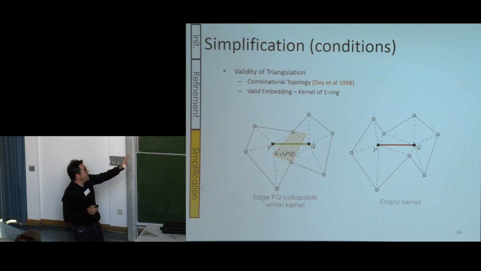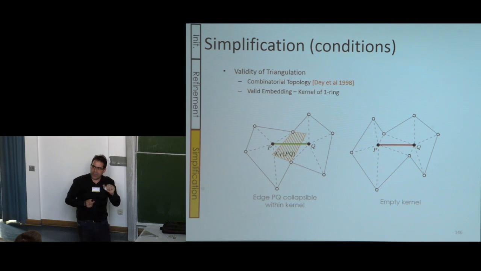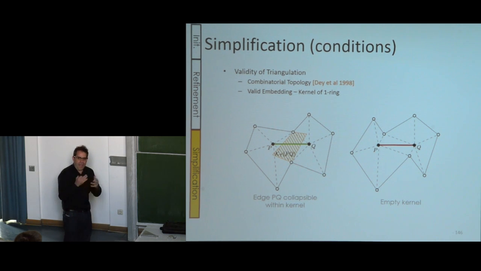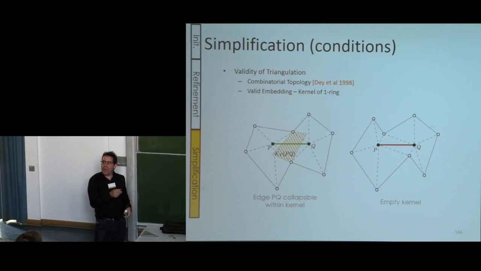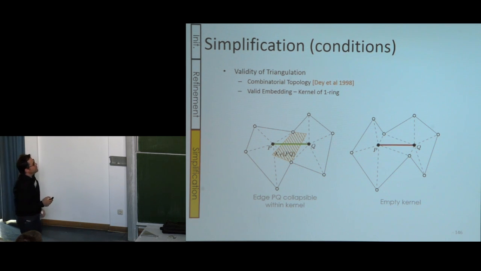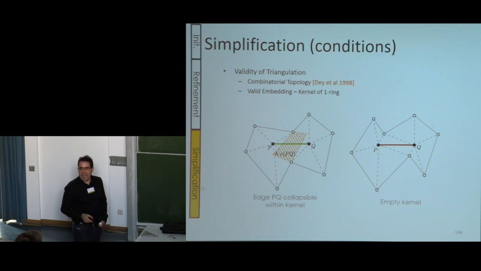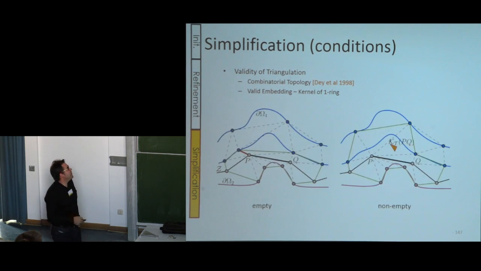I skip some of the details, this is computed using linear programming to know if there is a kernel or not. Then I can relocate safely within that kernel to a location that will be, by the way, a quadric geometric error minimizer. This one has an empty kernel, for instance. This one, there is no way you can collapse this edge.